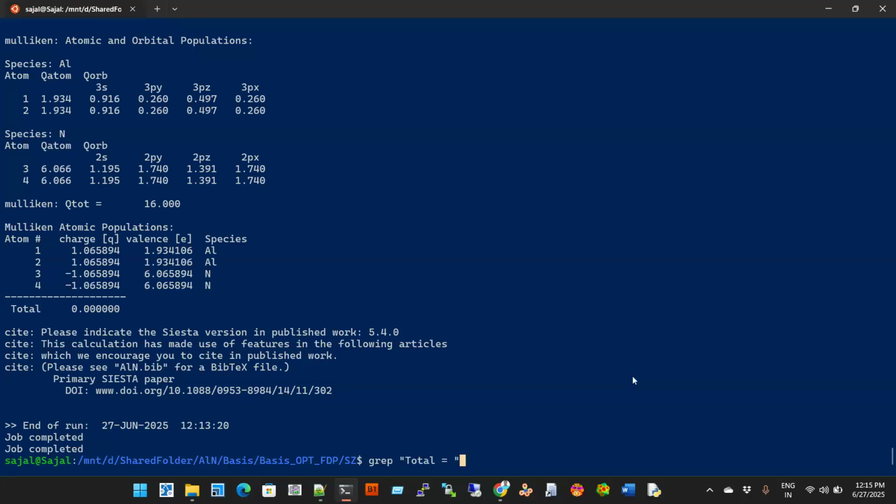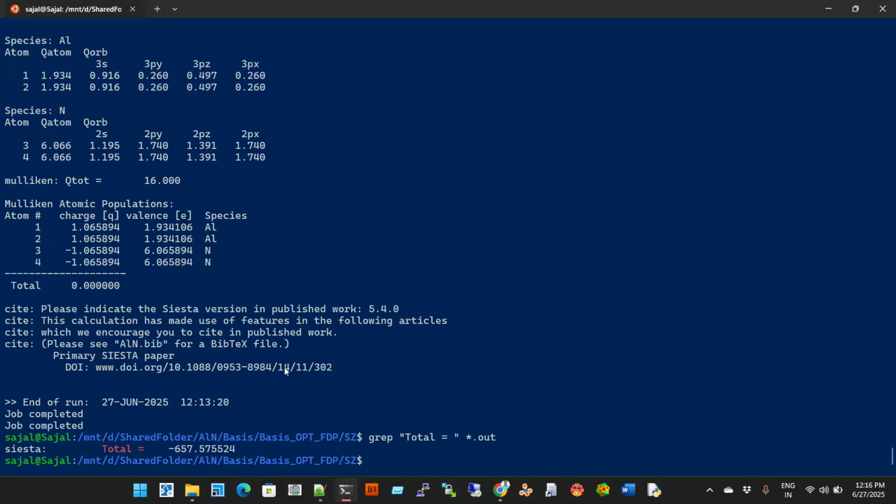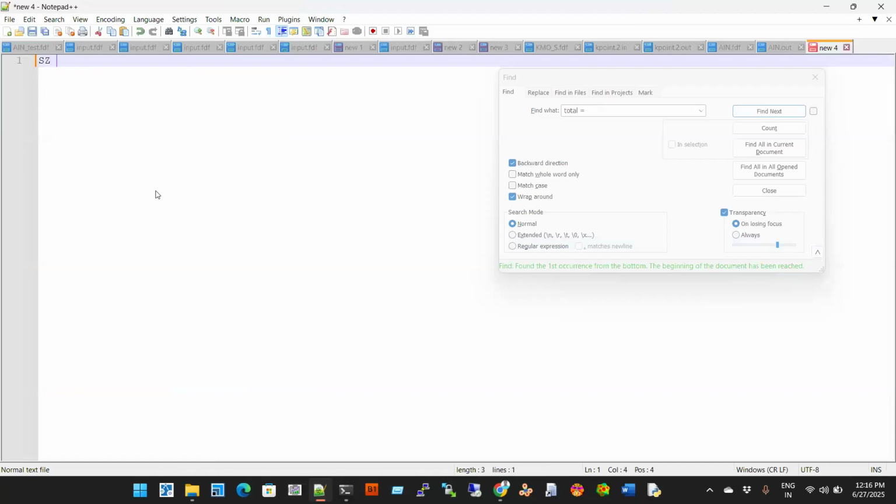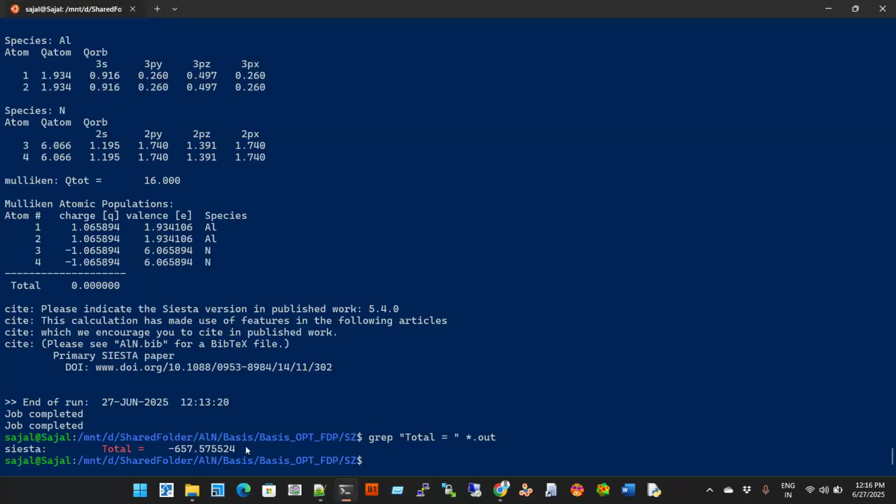Since the total energy value remains after this portion, I am writing total equal to within the quotation mark, in the star dot out. Okay, this one is the total energy value. So we have to write down the total energy value of this, so I am making another file, sz, and the corresponding total energy value. Total energy value is this one.